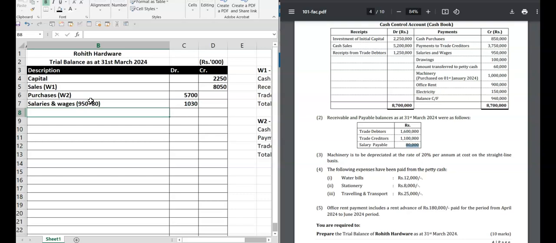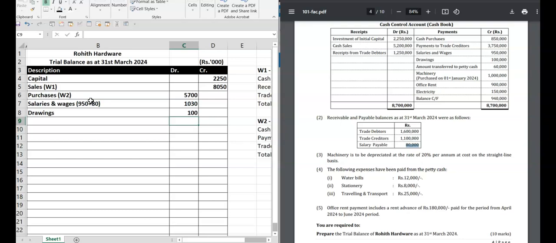So after salaries and wages, you have drawings. What about the drawings? Drawings are 100,000. You don't have any adjustment for drawings in the remaining 4 points. So just put 100. So this 100 is drawings in the debit side.